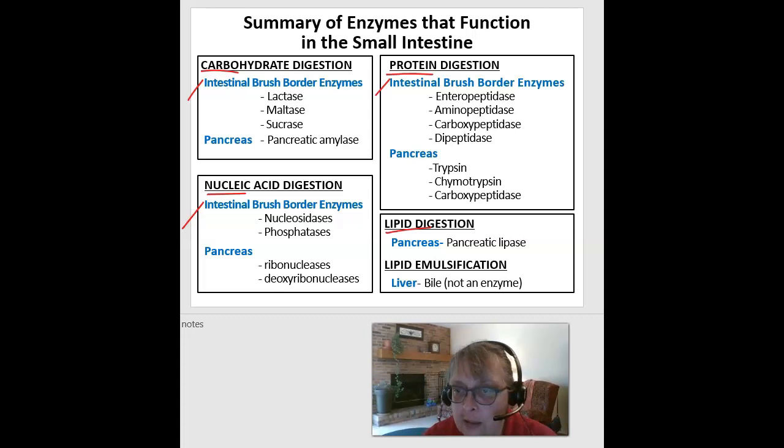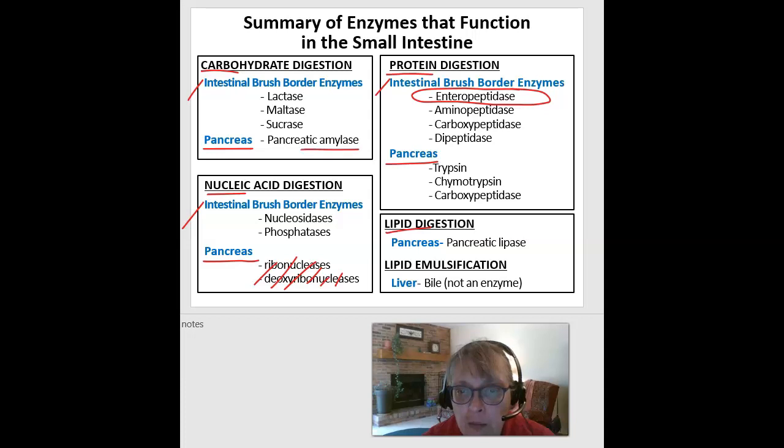There are other enzymes present in the small intestine though, and they come from the pancreas. So the pancreas is involved with carb digestion, protein digestion, and nucleic acid digestion. Please don't memorize those names of the pancreatic enzymes that break down nucleic acids, but you should know the name pancreatic amylase, and you need to know the names of these pancreatic enzymes that break down protein.